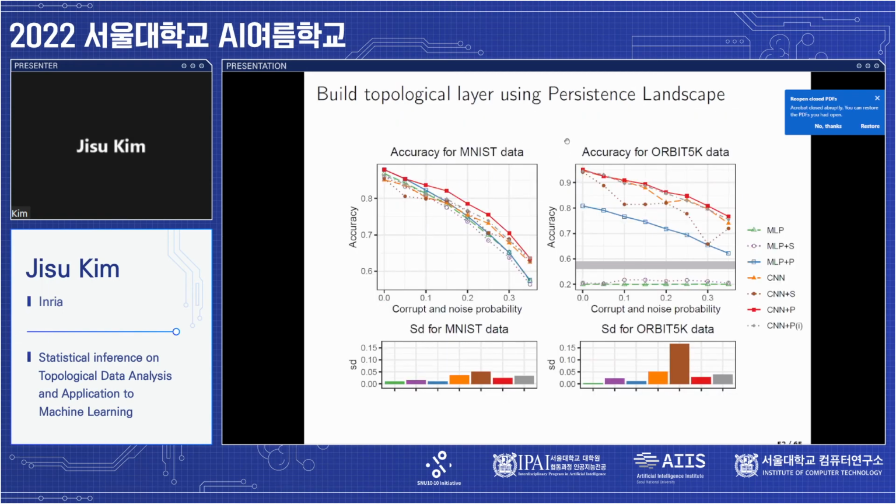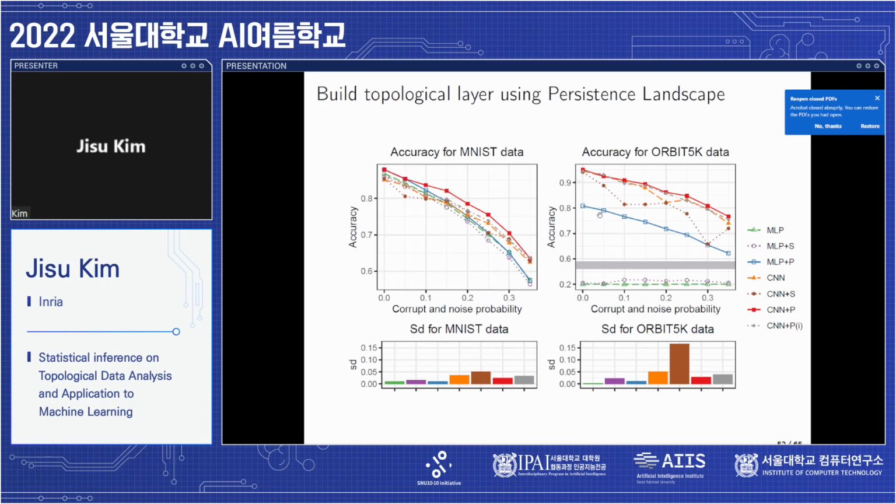And by using this layer, we have some improvement in the classification result. For example, here the MLP is the multi-layer perceptron, and MLP plus P is the MLP accompanied with the topological layer.